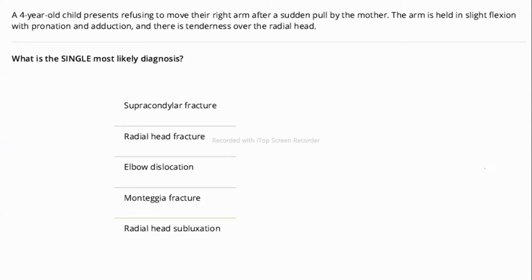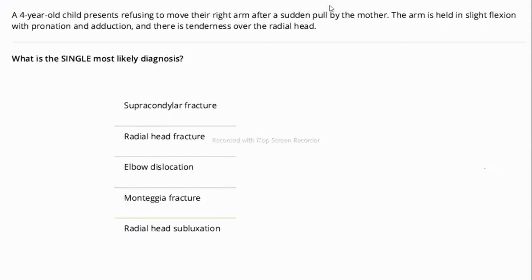Why? Because maybe they will change the name in the options, so you will choose a different name. Okay. So 4 years, refusing to move the right arm after a sudden pull by the mother. So is this mechanism of injury trauma or non-trauma?